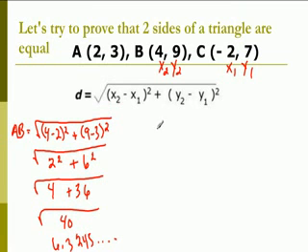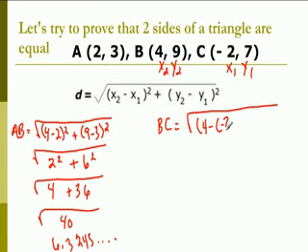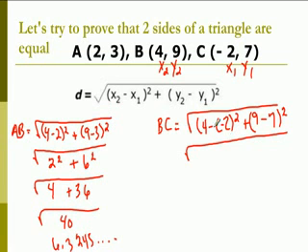So BC equals x2 is 4 minus x1 is negative 2 squared plus y2 9 minus y1 7 squared. 4 minus a negative 2.